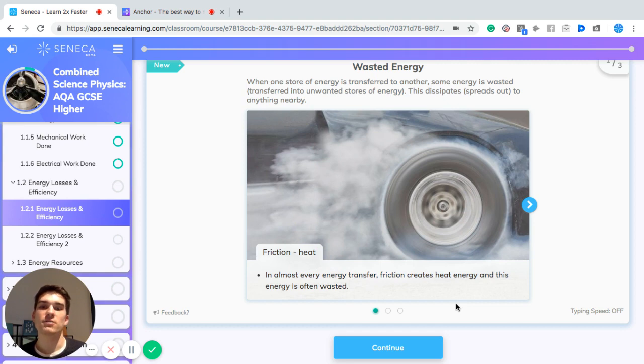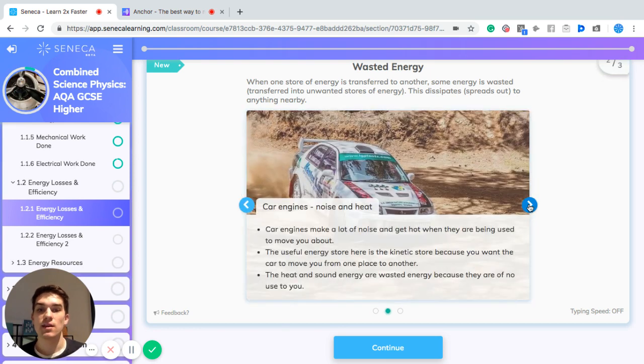So first of all, one of the wasted energies that we know of is friction, which creates heat. In almost every energy transfer, friction creates heat energy, and that's often wasted. Now, car engines, if you think about what they want to do, they want to create kinetic store.